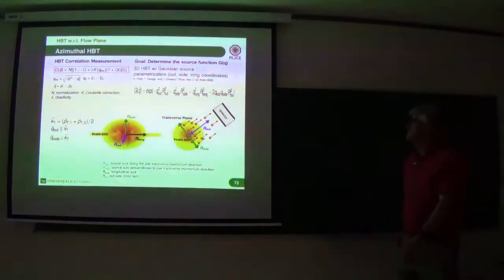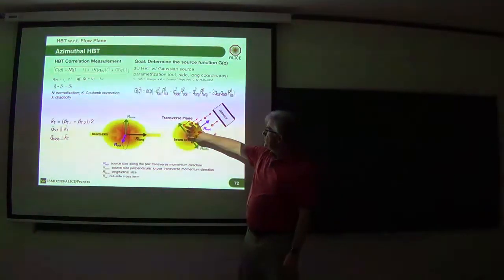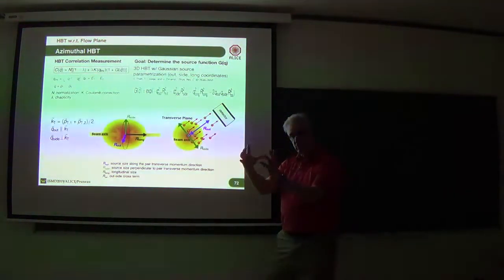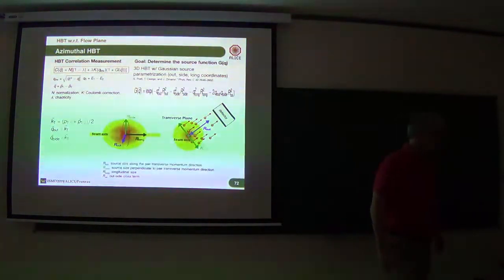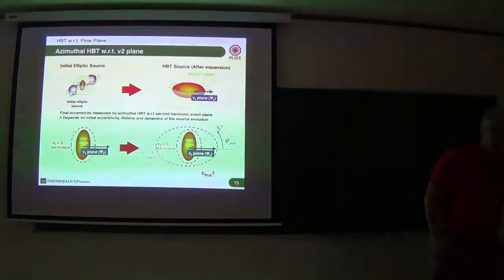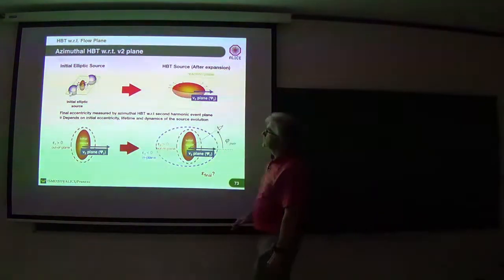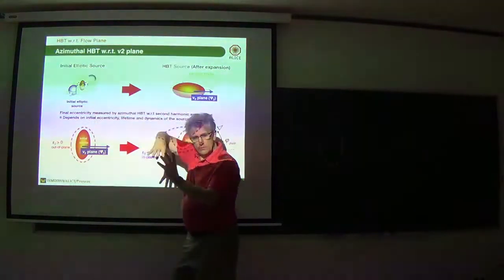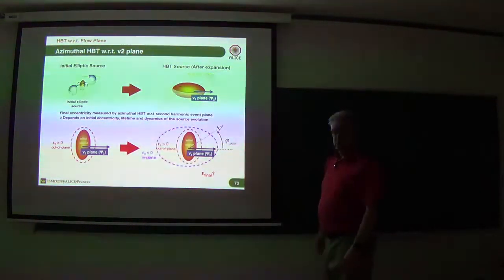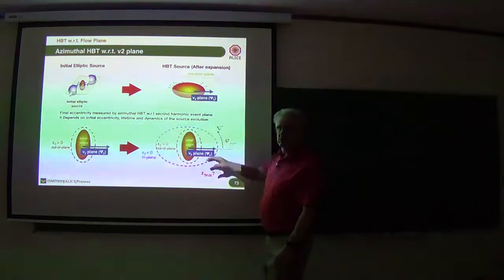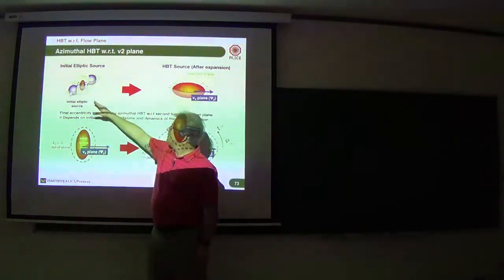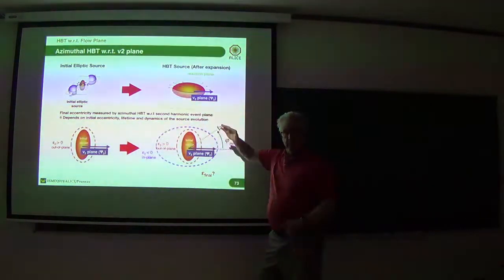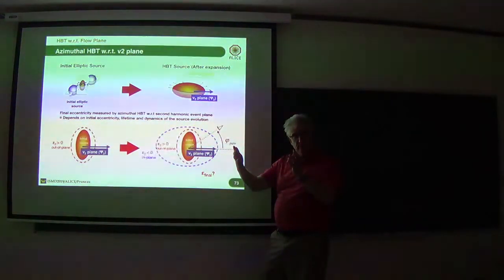But now the idea is to not only do HBT, but to engineer the events, that is to select the events on the basis of their deformation, their V2, and see what we get. So just to emphasize this, by measuring Q2, I can select how elliptical or elongated this event is. And my interest is to look after the system has evolved and eventually freezes out, and then I can measure HBT.